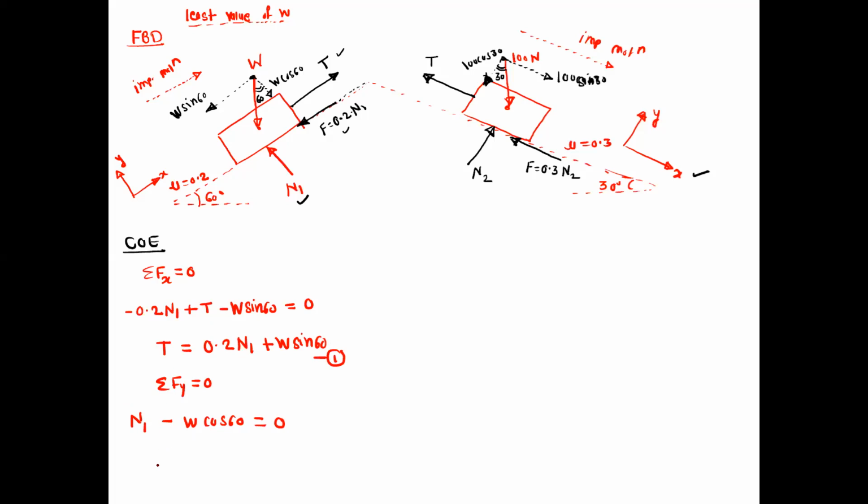We will get T is equal to 0.2 into W cos 60 plus W sin 60. From this we can take W common, and in the bracket we will have 0.2 into cos 60 plus sin 60. Okay. So simplify this equation and get the value of T as a function of W.